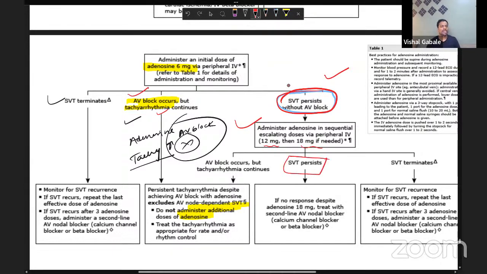Okay, and if SVT still persists, then you can follow by a calcium channel blocker or beta blocker, right? And if SVT terminates, then it's good for us. We just have to monitor. Got it? So this is the treatment algorithm for the PSVT patients. I hope there is no doubt about that.